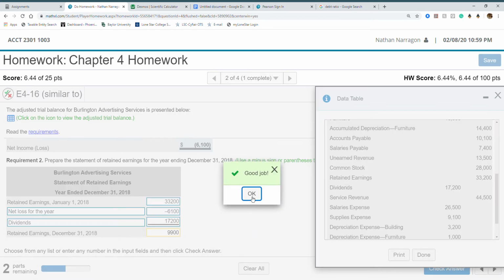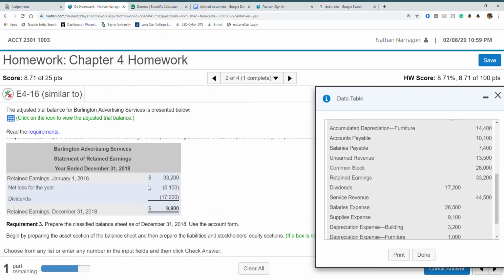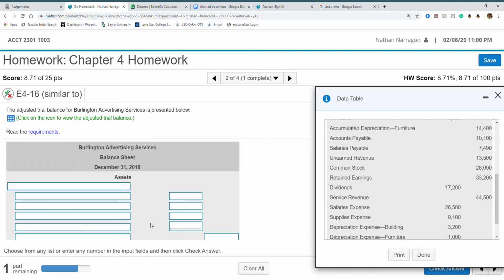Okay, we're good. And there you go. Again, you can show the parentheses if you want to. They went ahead and converted it. All their concern was that net loss must be negative. But that's really it on that. Again, it's the same stuff that we've gone over before. But this is the new one.